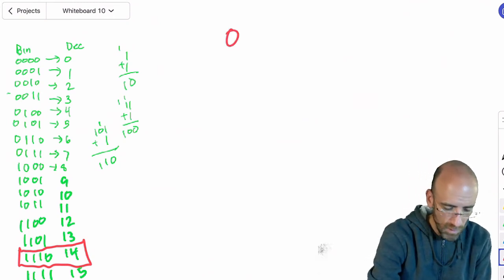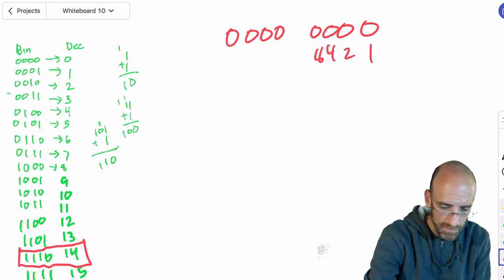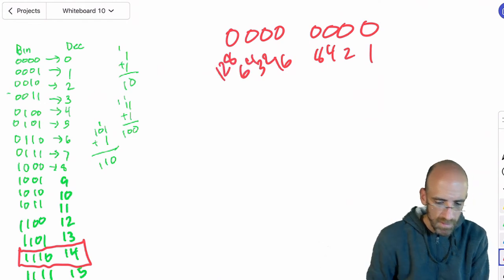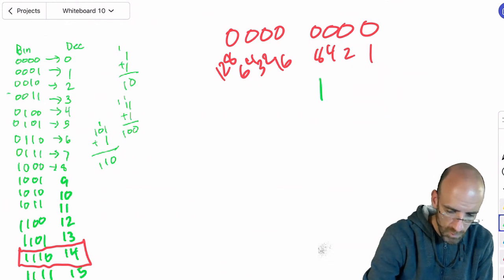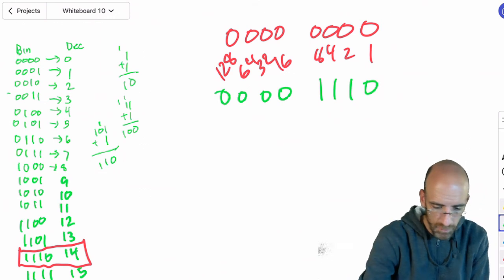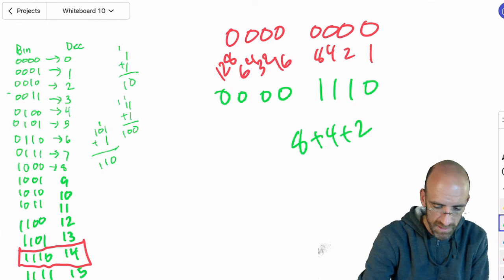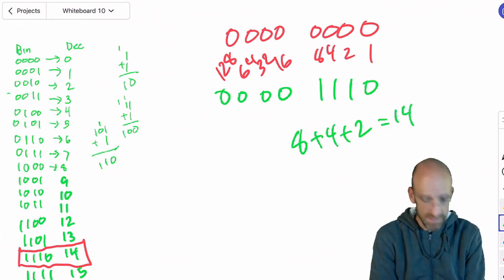To convert 1, 1, 1, 0 to decimal, we add 8 plus 4 plus 2, which is 14. So we can just see that that, in fact, was consistent.